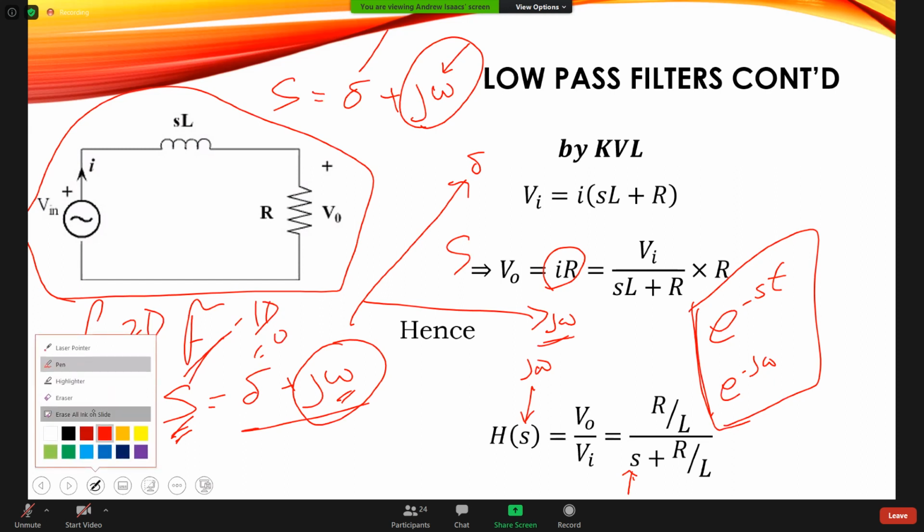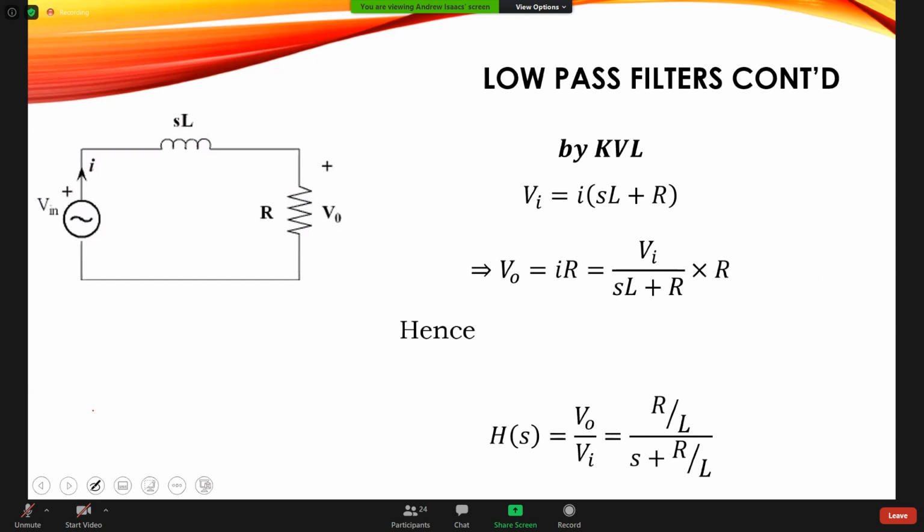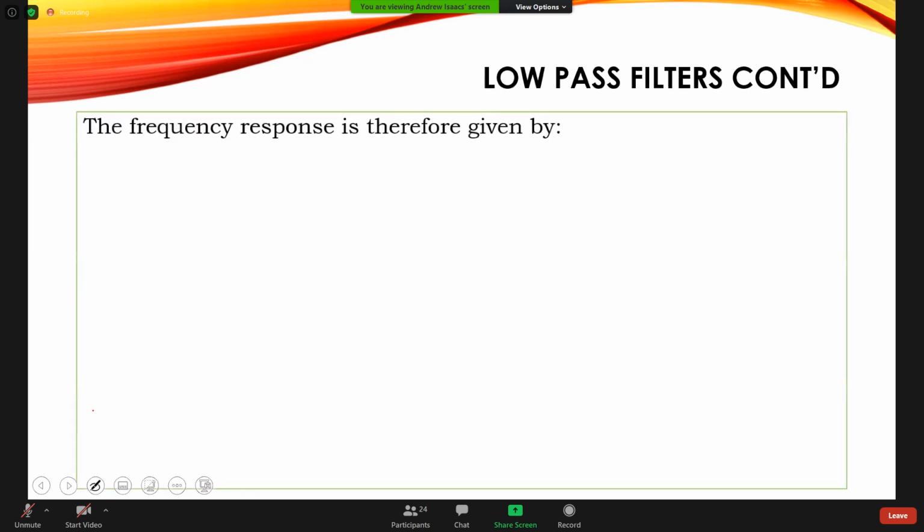But I don't want us to focus on that. I said that because of what I'm going to go to next, which is that for your frequency response, to oversimplify this, wherever we had S, we're going to put in j omega.